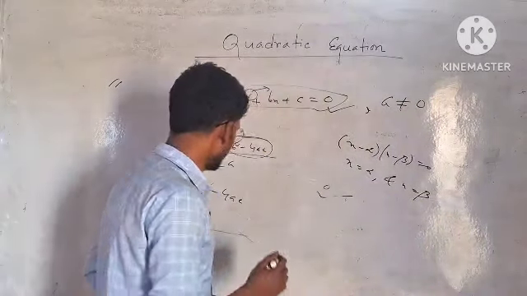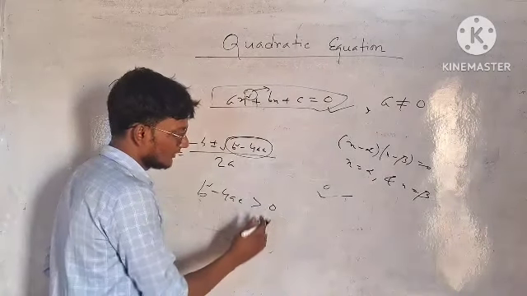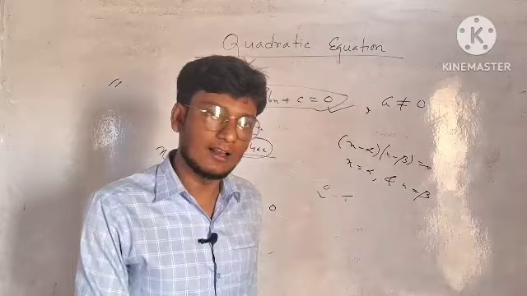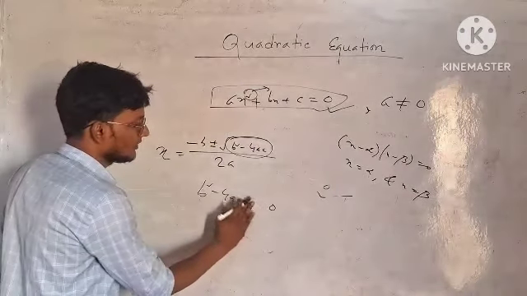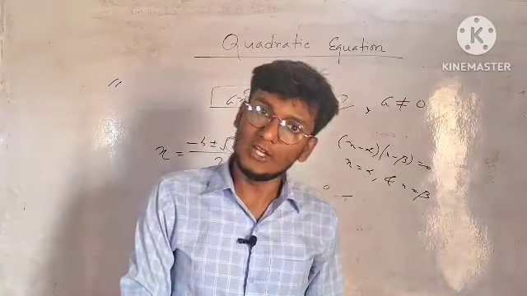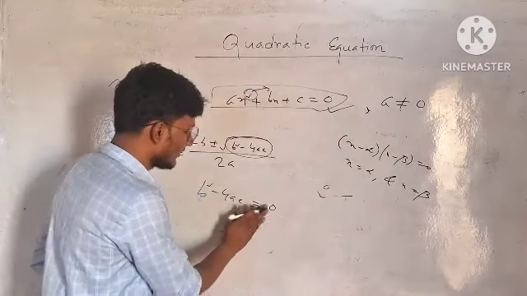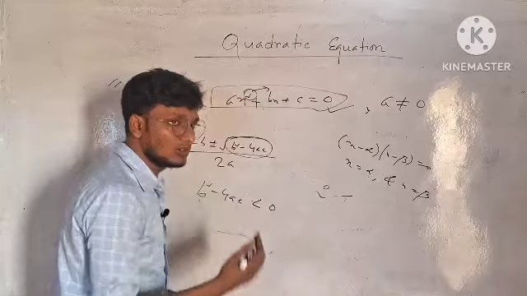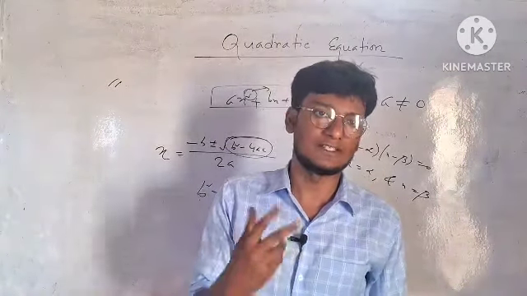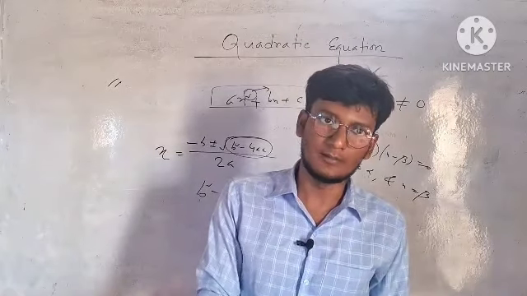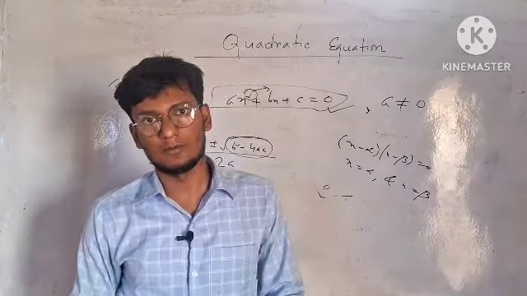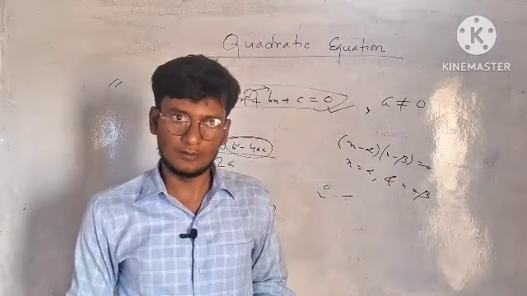If b square minus 4ac is greater than 0, then roots will be unequal and real. If b square minus 4ac is equal to 0, then roots will be real and equal. If b square minus 4ac is less than 0, then roots will be complex numbers. When I teach the complex number, you will come to know about it.